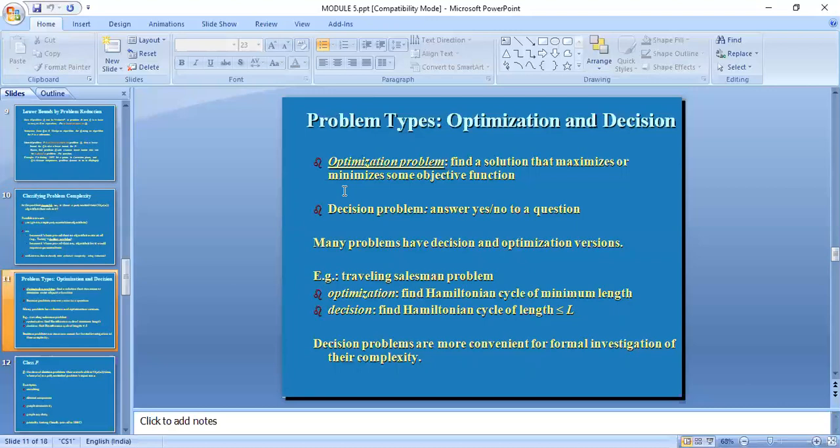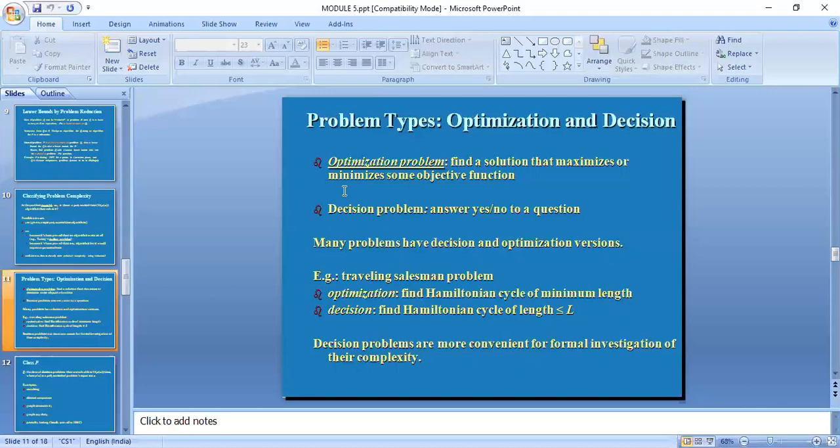In an optimization problem, usually we will be finding a solution that is going to maximize or minimize some objective function. For example, in the knapsack problem, we have certain objective functions. We will have a knapsack, and we have to find the best fit: without exceeding the knapsack capacity, how you can choose the items in such a way that it gives the maximum profit.